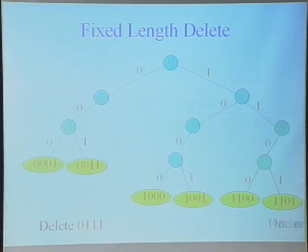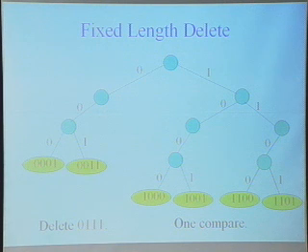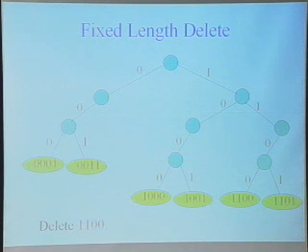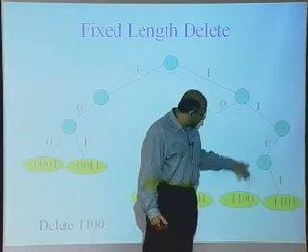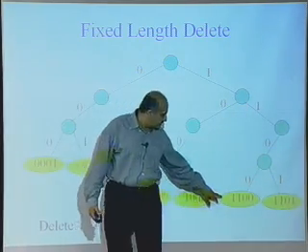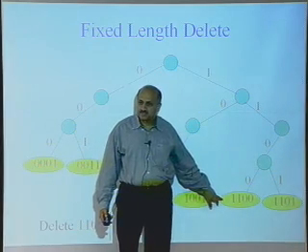Let's try another delete. All right, so this deletion took one comparison. You reach a data node, you have to compare. Well, suppose you want to delete a 1100. So you follow the search path 1100, you end up here. You do a comparison.